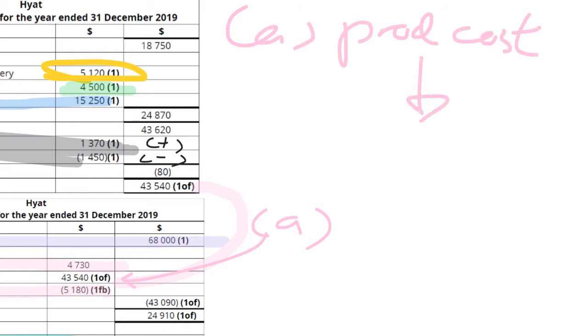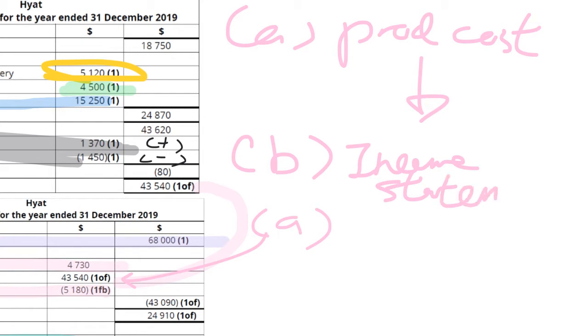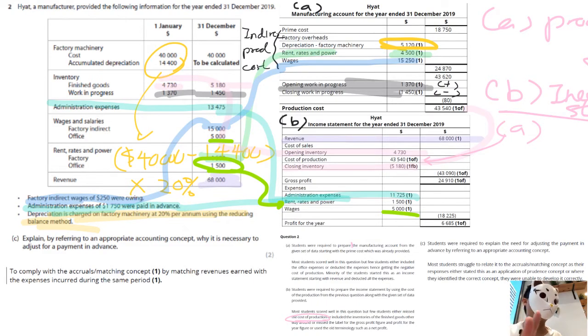And then this cost of production will be brought to part B, for the income statement. This is a typical question type, so you have to recall this one. You grab the cost of production from part A, but not here. You cannot find it here. You grab it from part A.